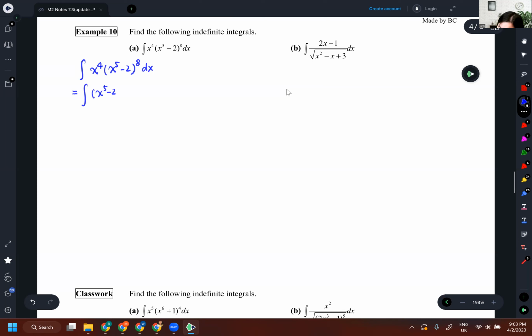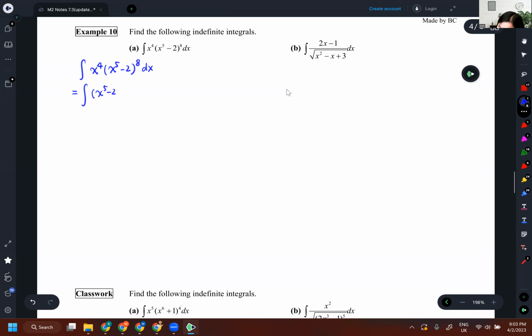This will change to, do not laugh, 1/5 d(x^5 - 8). Fine. I think previously you did multiply by 5 divided by 5.